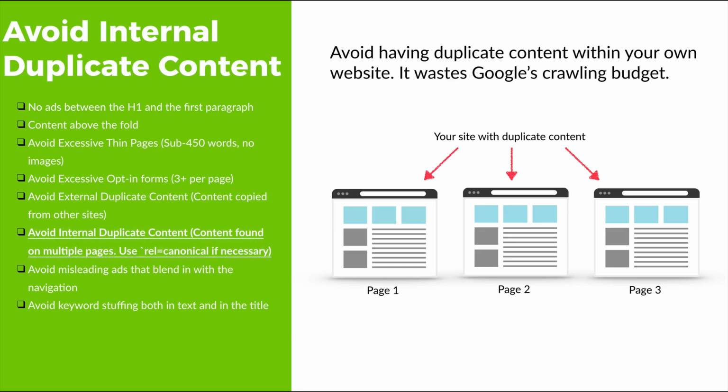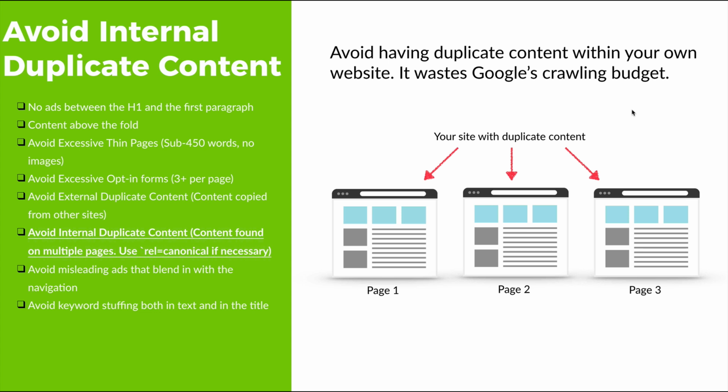So moving on, you want to avoid internal duplicate content. Now, this is kind of like copying from yourself. Essentially, if you have one page and you just duplicate it over and over again, Google doesn't like this. Now, they won't necessarily outright penalize you, but it ends up using a lot of Google's crawl budget. And when they look at your website from a top-down view as a whole, if 90% of your content is just duplicate content, they're going to assign a lower quality score to your website.